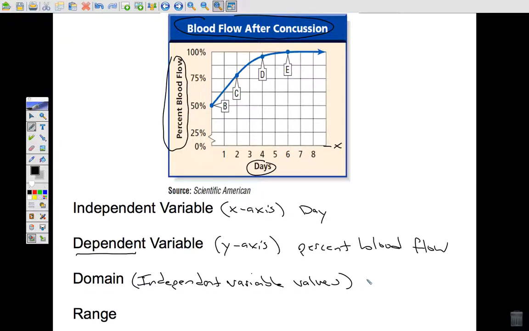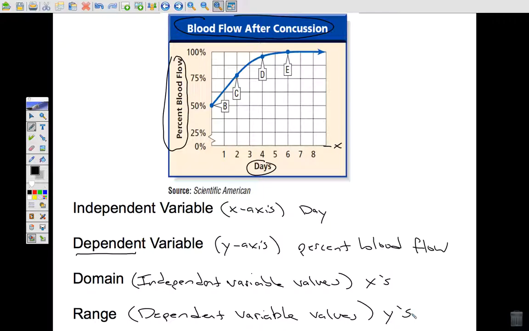Or in other words, the x's. And the range is representative of the dependent variable values. Or in other words, the y's.